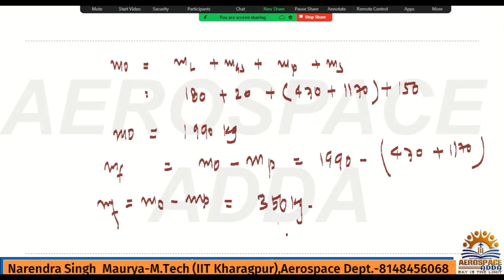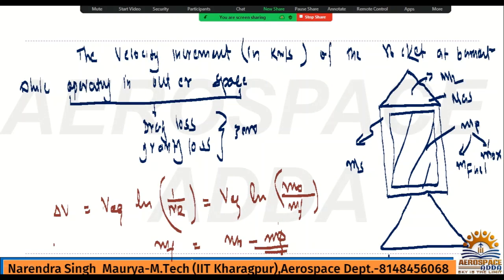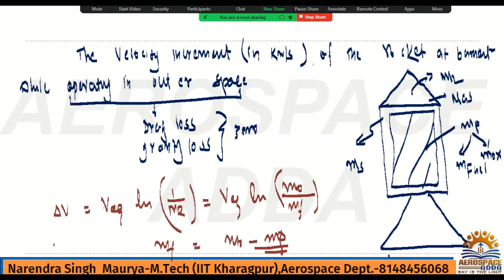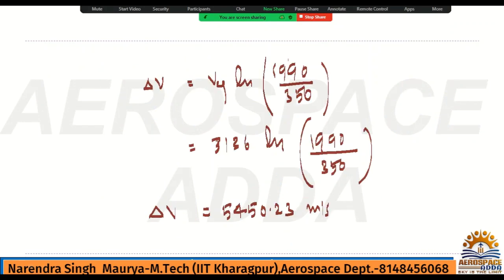But in the problem, see what mistake you will make, it is fill in the blank, so we'll put this value. What they are saying is to calculate this value in kilometer. So once you fill this data in the blank space, in kilometer, if you write 5450, they will definitely consider 5450 kilometer per second. The computer will accept this answer, 5450 kilometer per second. But what you are getting is 5450 meter per second.